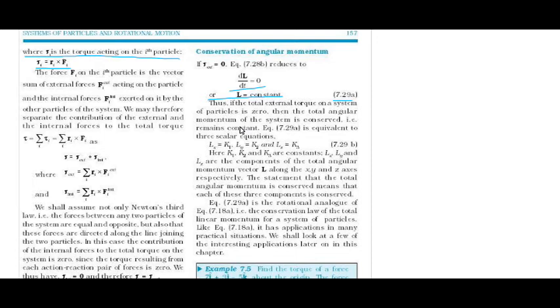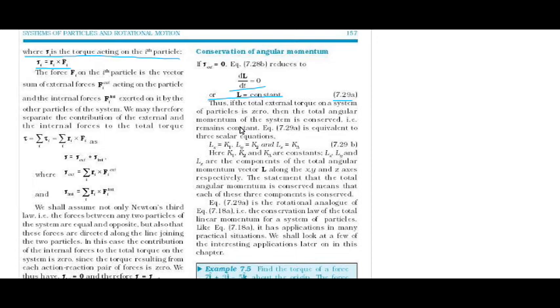Therefore equation 7.29a is equivalent to three scalar quantities: Lx is equal to k1, Ly is equal to k2, and Lz is equal to k3.